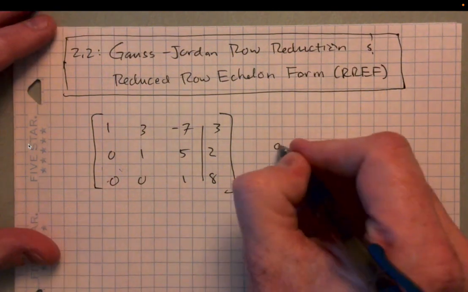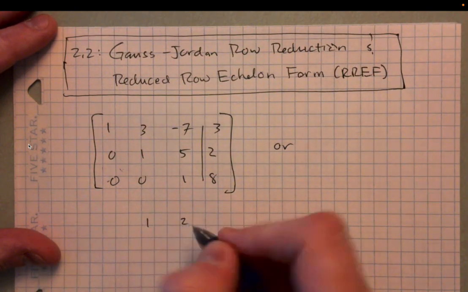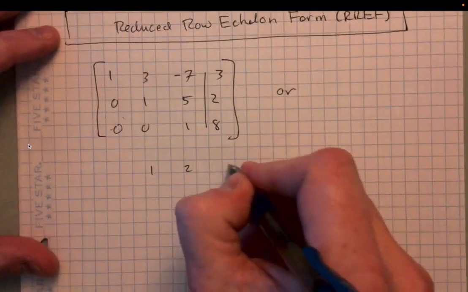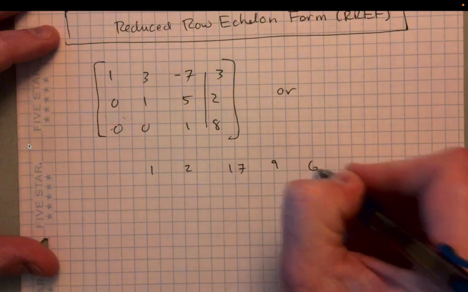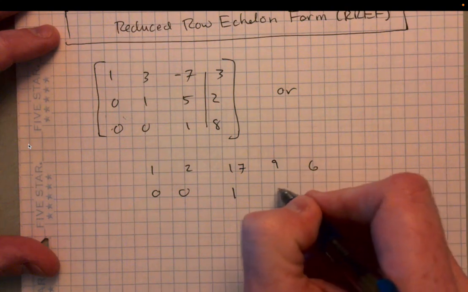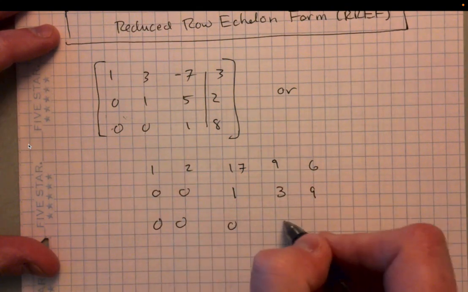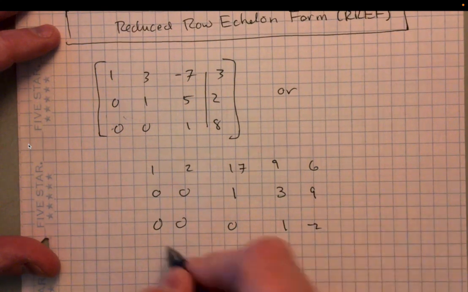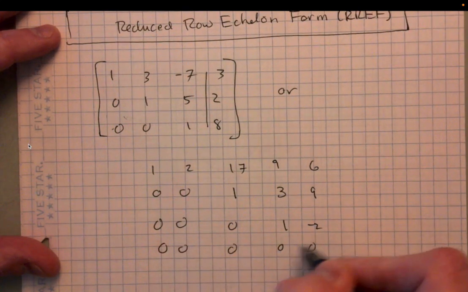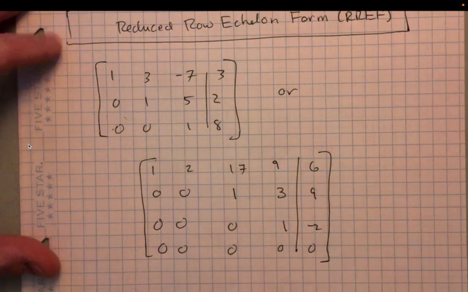Another example would be something like this, a slightly bigger matrix: 1, 2, 17, 9, 6, 0, 0, 1, 3, 9, 0, 0, 0, 1, -2, and then maybe an all-zero row here. And again, this is an augmented matrix.